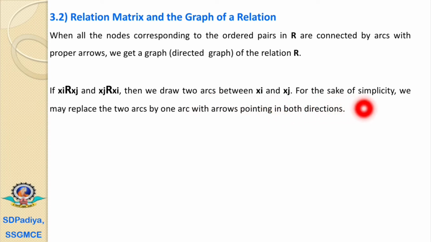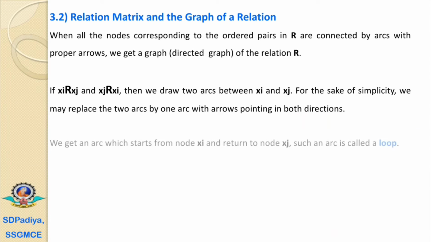For the sake of simplicity, we may replace the two arcs by one arc with arrows pointing in both directions. We get an arc which starts from the node xi and returns to the node xj. Such an arc is called a loop.